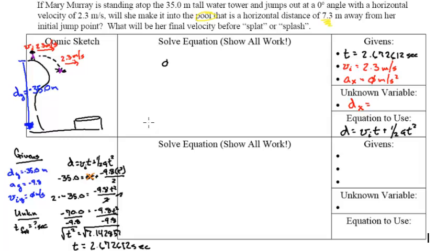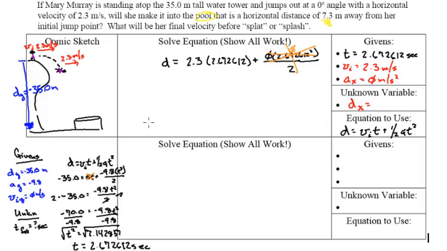So now I need to find a formula that deals with distance, acceleration, velocity, and time. Distance, I don't know what that is, but I do know that velocity initial is 2.3 times time, which is 2.672612 seconds, plus acceleration, which is 0, times 2.672612 squared, all that over 2. Well, multiply a number times 0, you get 0.